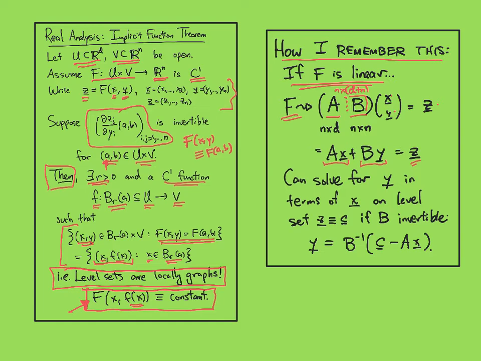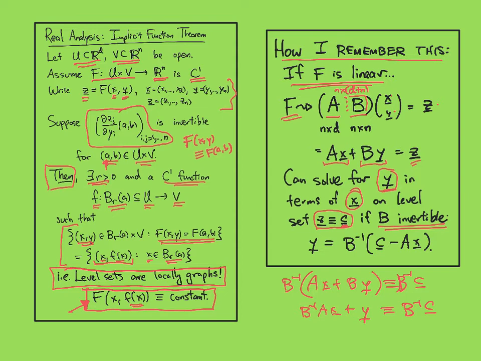And now if this were our function that's linear, we can solve for y in terms of x on a given level set. So that would be where z is equal to a fixed value c. We can solve for y in this if B is invertible. Because if B is invertible, I would start with this equation, multiply both sides by B inverse, and get B inverse Ax plus y is identically equal to B inverse c.